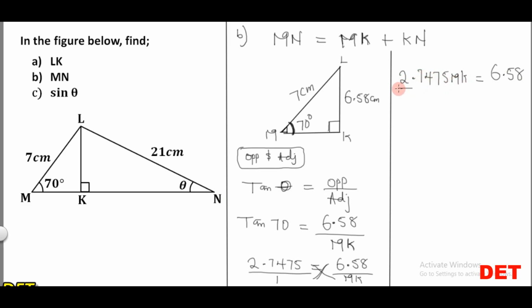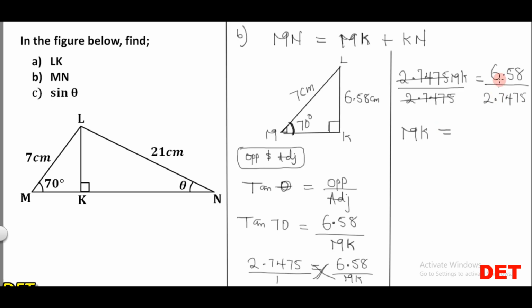So this is divided by 2.7475, and this will be divided by 2.7475. All right, so that this 2.7475 will cancel this 2.7475, so that my MK can stand alone.